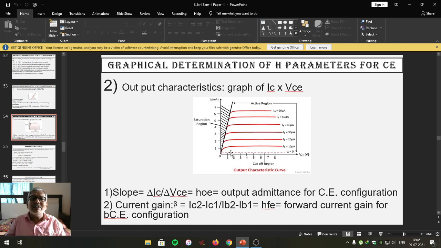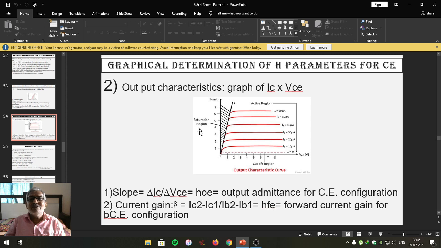In this particular graph, again find the slope. Means consider any of the curve, draw a tangent like this, find its slope. What I am going to do? Draw tangent, select one of the curves. So suppose I selected this curve, and to that draw a tangent like this, find the slope.